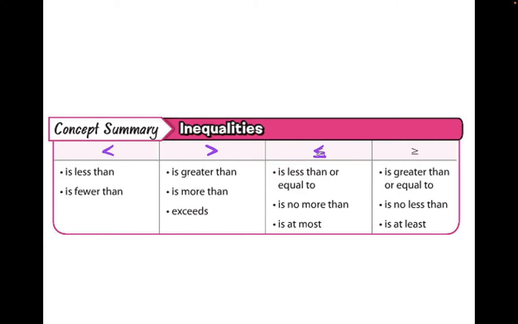That's a less than symbol with a line underneath it. And finally, greater than or equal. That's a greater than sign with a line underneath it. Some other phrases or words that represent these are also listed in this chart. We will refer back to these later.